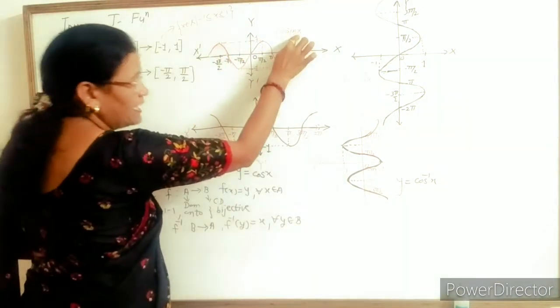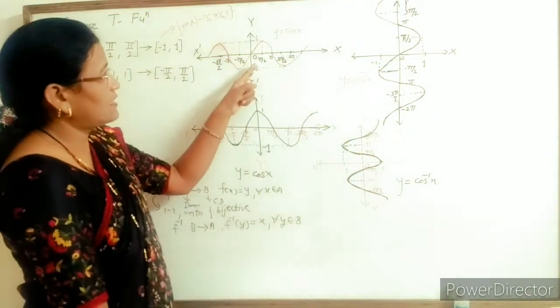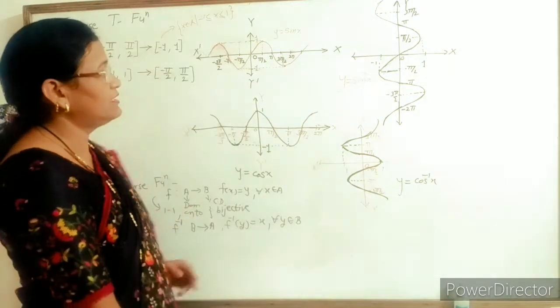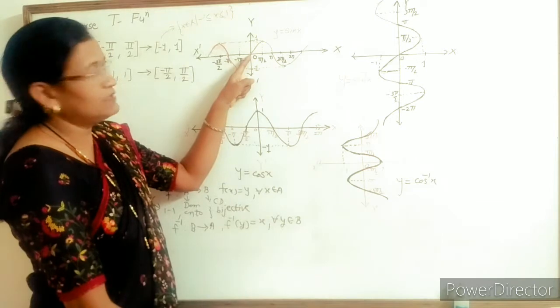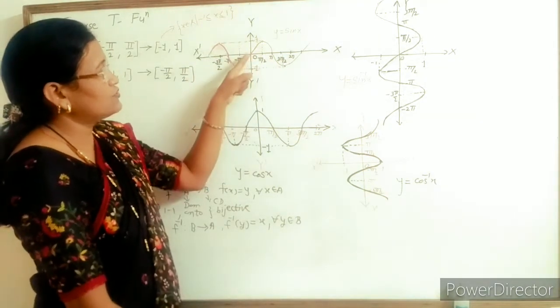You take the values of x along the x-axis, with angles 0, π/2, π, 3π/2, 2π, proceeding in this way with an interval difference of π/2. So sine 0 is 0; for angle measure 0, the sine ratio is 0.